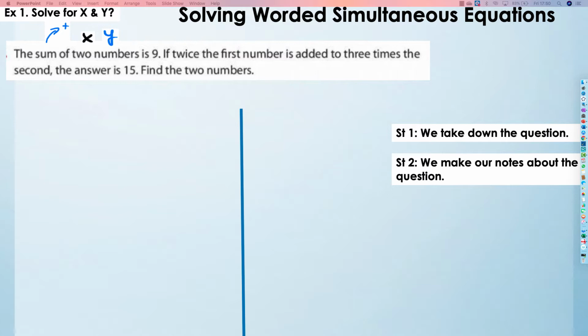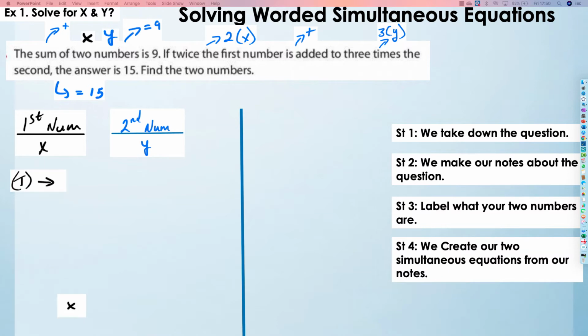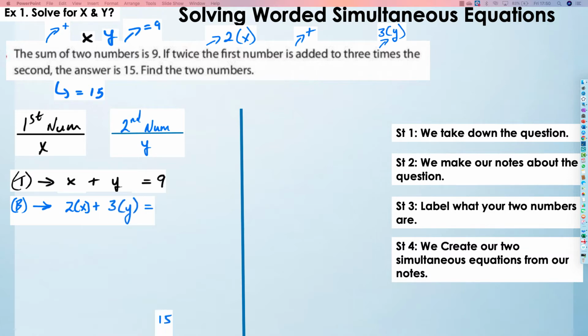Small mistake there. Let's have a look at that. So, first things first, x plus y equals 9. 2x plus 3y is equal to 15.